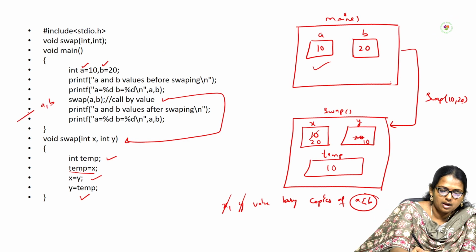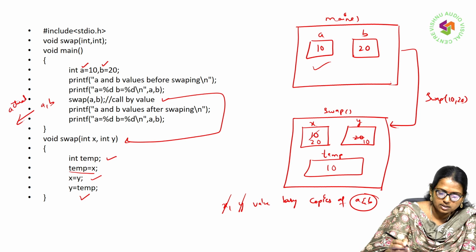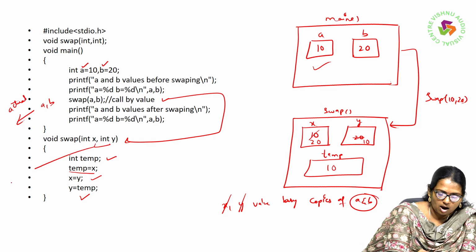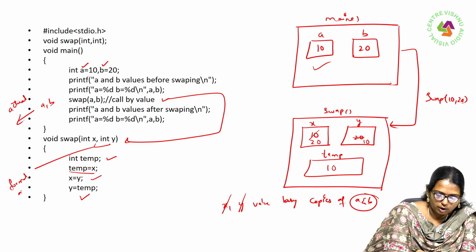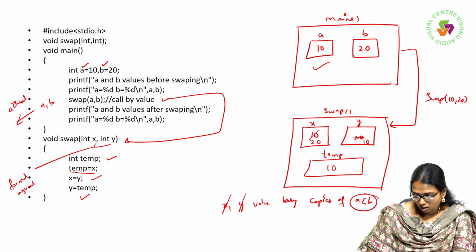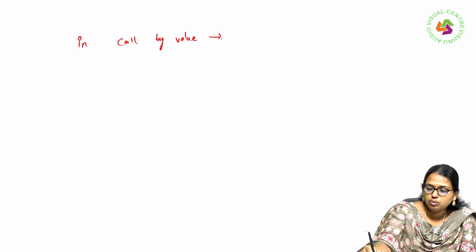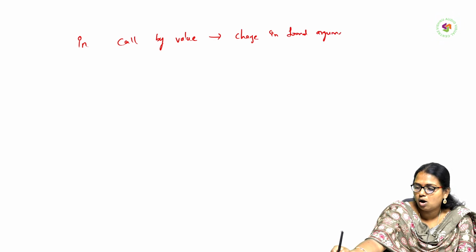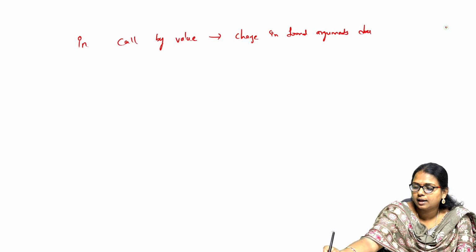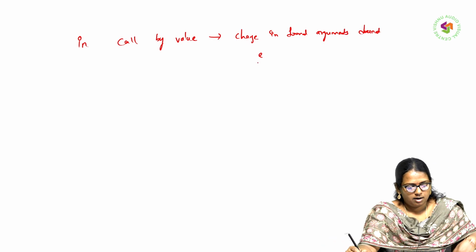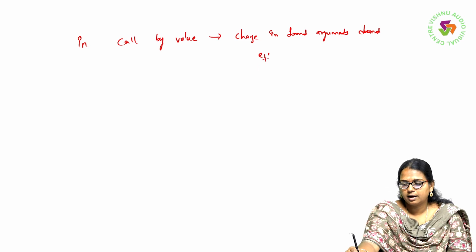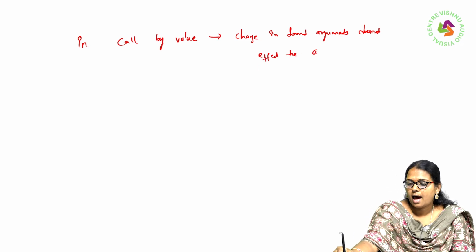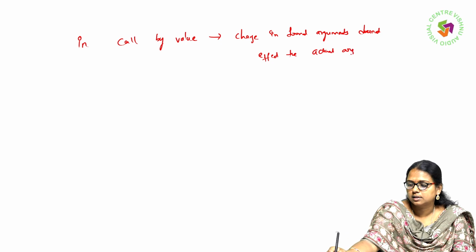Here a and b are actual arguments and x and y are formal arguments. In call by value, a change in formal arguments does not affect the actual arguments.